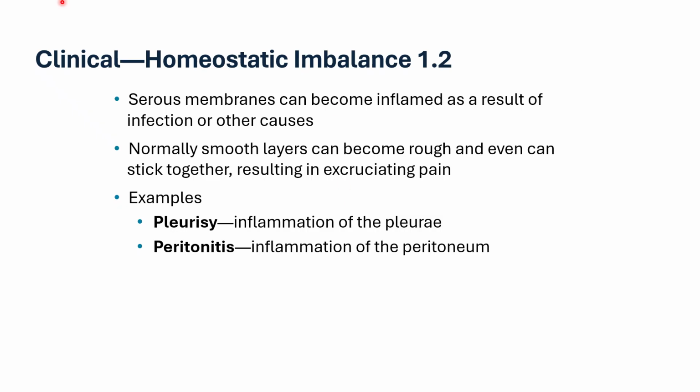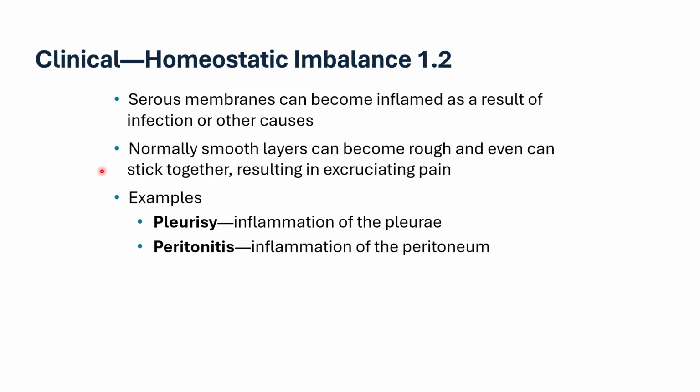All right, when there's problems with those membranes, we get homeostatic imbalance. So the serous membranes can become inflamed if they get infected or the person has some type of bacterial problem or a virus is in there. So normally these smooth layers help with reducing friction.